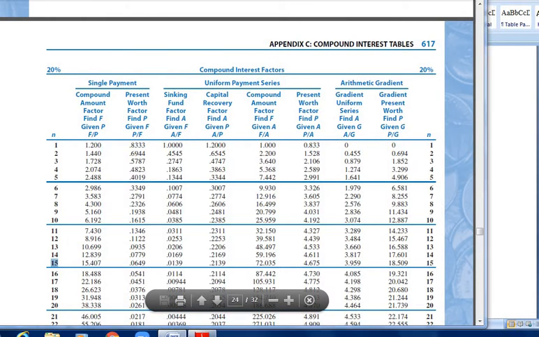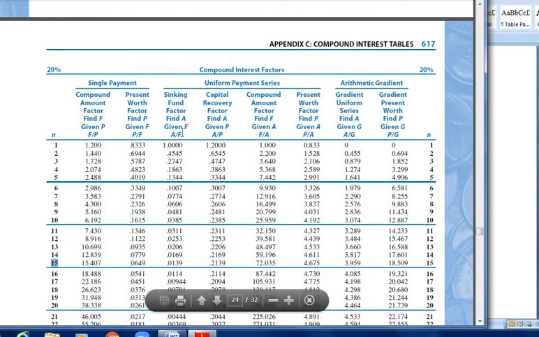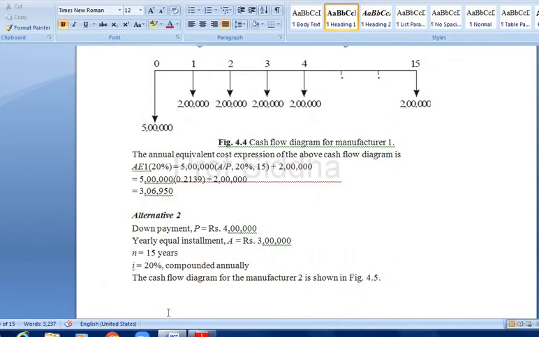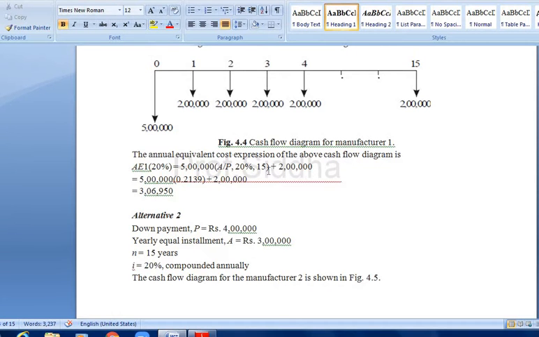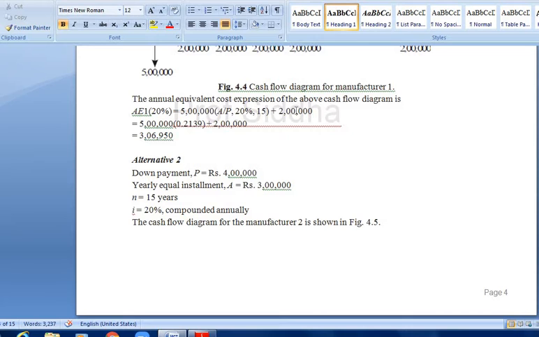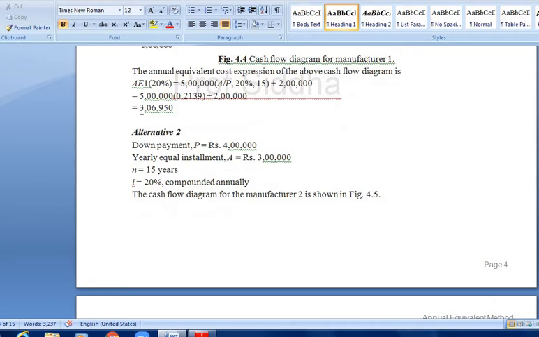In that, we need to find A given P. Yes, it is 0.2139. This value we have taken here. So 2 lakh keep as it is, since it is already an annual equal payment. So ultimately you are getting 3,06,950.